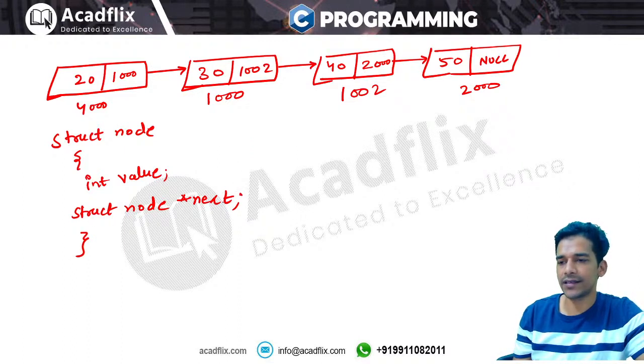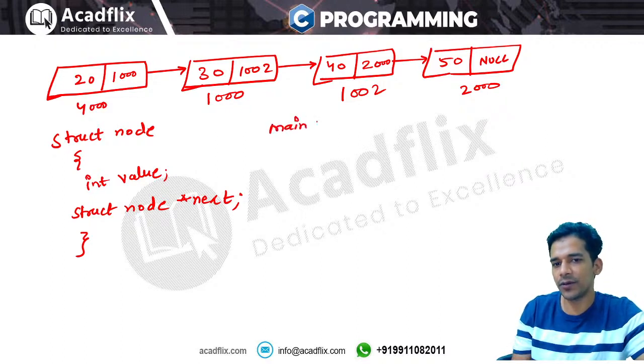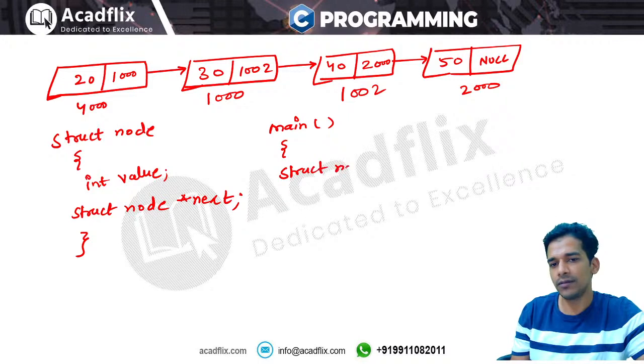struct node star next. So if you want to make a linked list like this programmatically, I can say like this. If I want to make a static linked list, what can I do? I can simply say struct node, I have let us say 4 nodes, n1 n2 n3 n4.